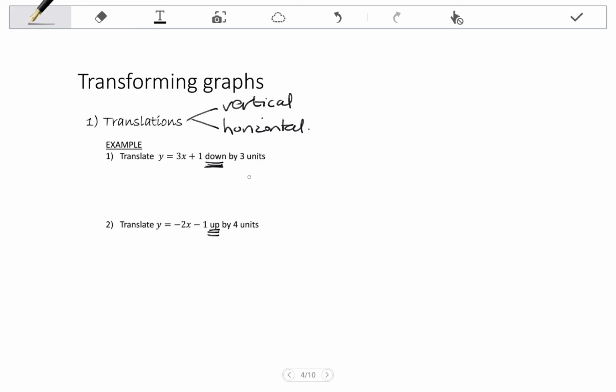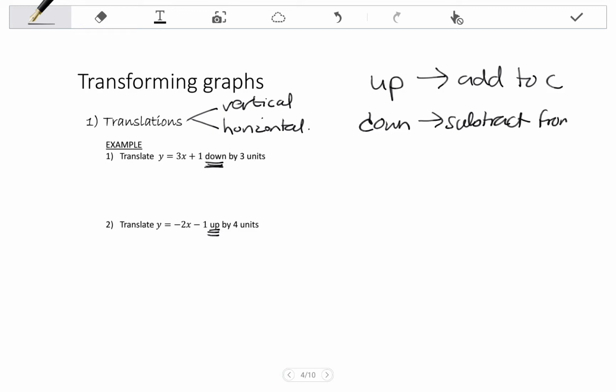If I move down, I'm going to subtract the number of units. If I move up, I'm going to add that number of units. So up, add to c, and down, subtract from c.